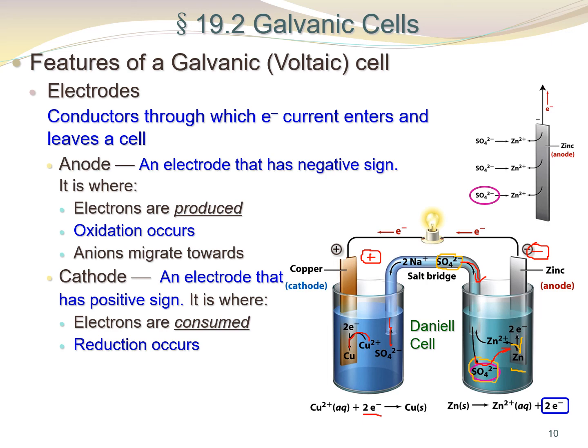When we design a battery, it is very important to keep either side charge neutral, because we do not want a charge buildup, because charge buildup is going to hurt the battery and make a battery very short-lived.